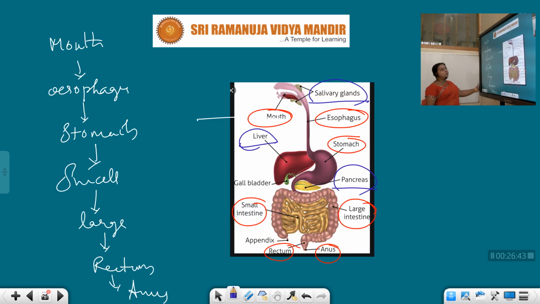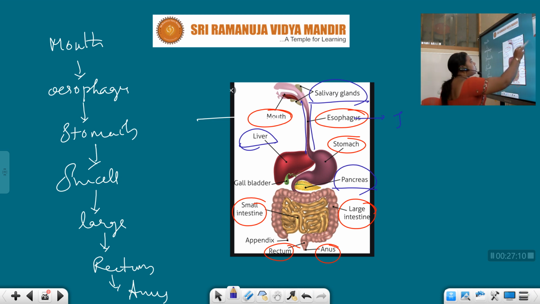Actually, why does it require the help of the accessory glands? See students, the mouth is an opening through which an organism can ingest food. Whatever food is taken in through the mouth is swallowed by the organism, and it enters the esophagus. Esophagus is a long pipe-like structure.